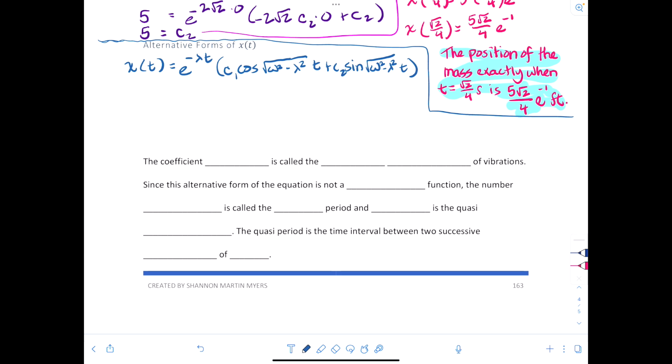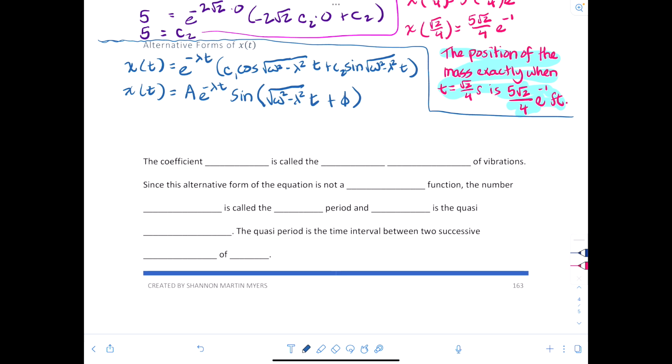This is what we started with, okay? So the alternative form is x at t equals a e to the negative lambda t times sine of the square root of omega squared minus lambda squared t plus phi. And they are the same as we had before.